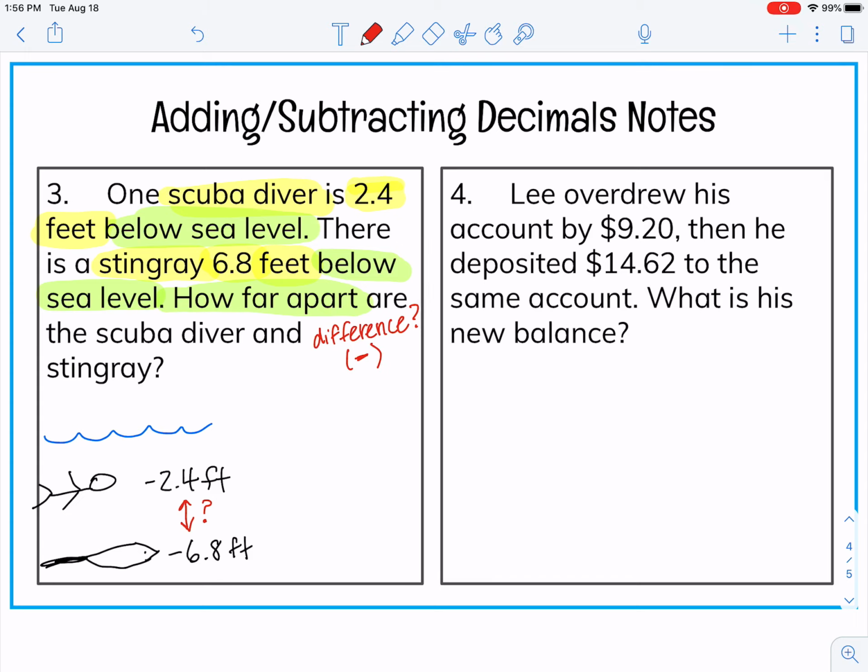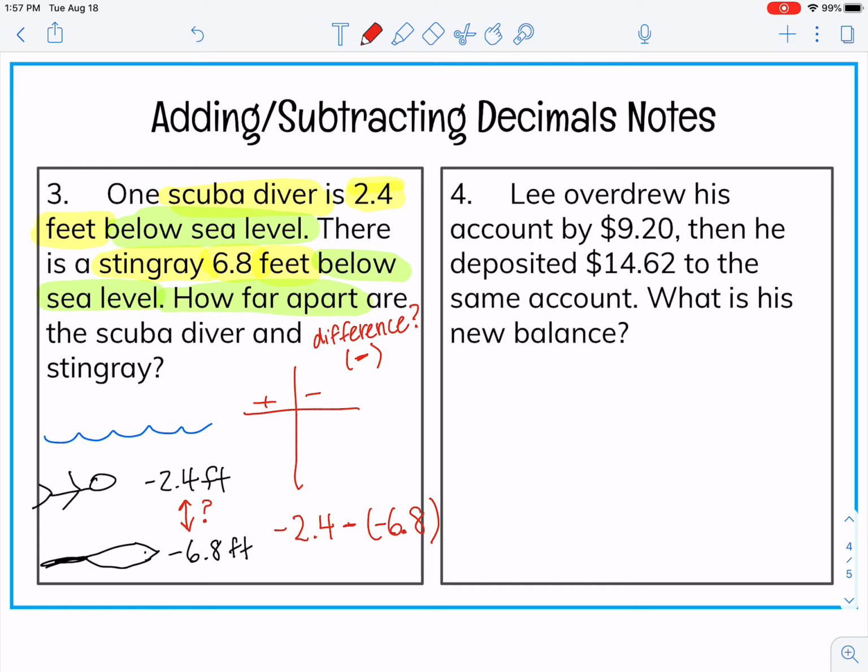So now if we subtract, we definitely need to begin with our t-chart again. And then we need to figure out where those two numbers are. If we set this expression up, we know that we're going to say negative 2.4 minus negative 6.8.